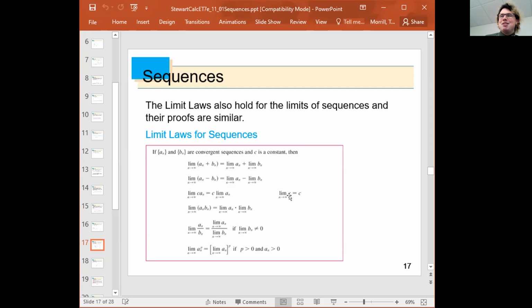The limit of a constant by itself is just a constant because it's not changing. The limit of a product is equal to the product of the limits, as long as both of those limits exist again. The limit of a quotient is equal to the quotient of the two different limits, so long as that denominator is not going to 0.